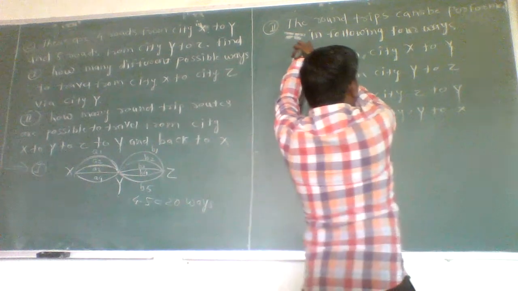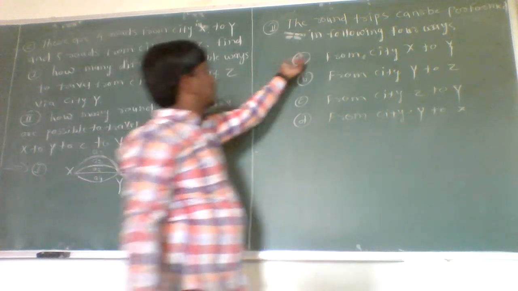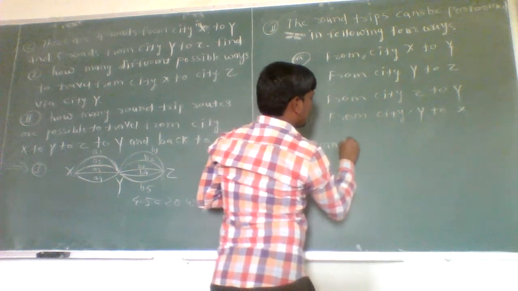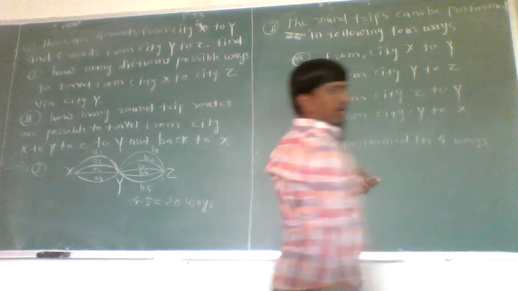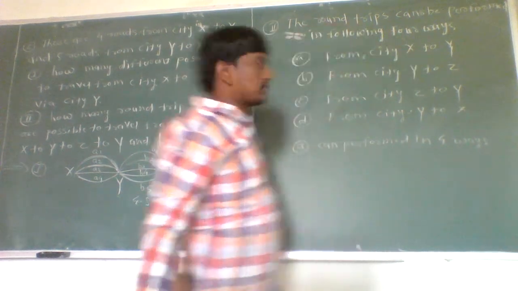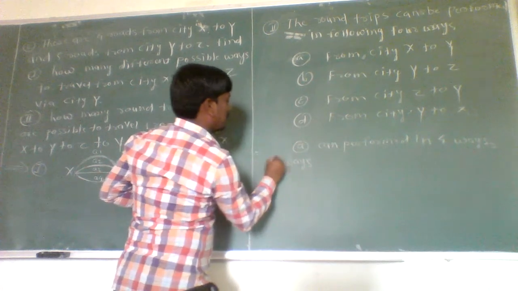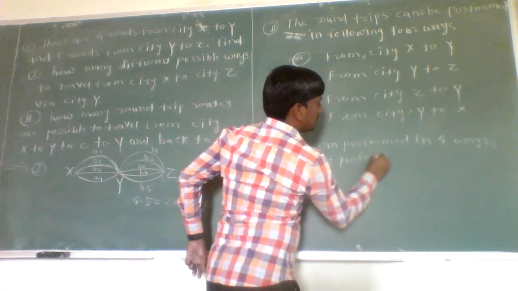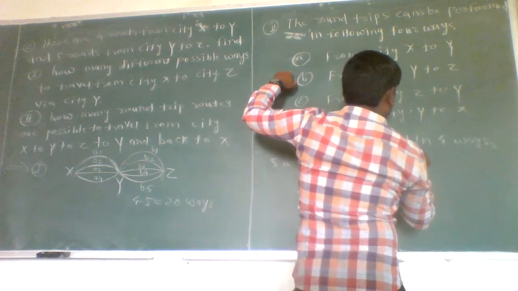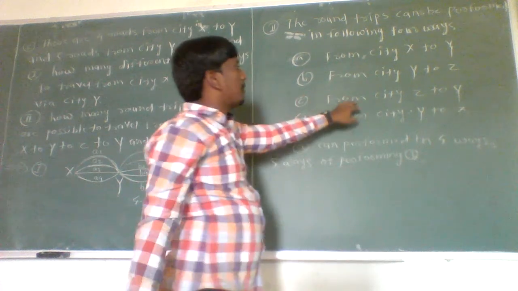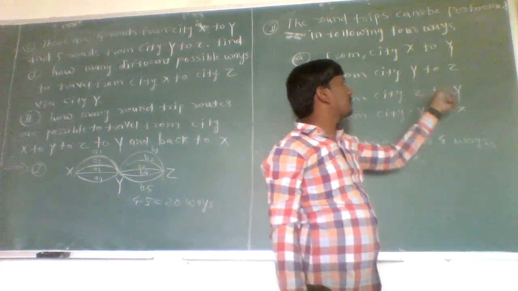Okay, now there are 4 possibilities from city X to Y. That is, this first one A can be performed in 4 ways, since there are 4 possible roads from city X to Y, which is already given, and 5 ways of performing this B, since there are 5 roads from city Y to Z. Again, 5 ways of performing Z to Y, that is travel from city Z to Y. As there are 5 roads from Y to Z, then as it is, there are 5 roads from Z to Y also.